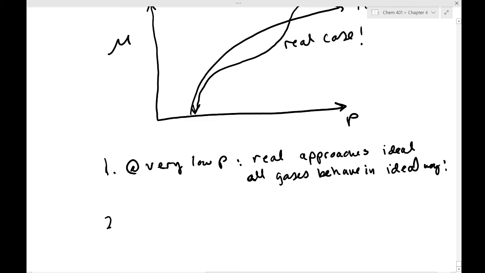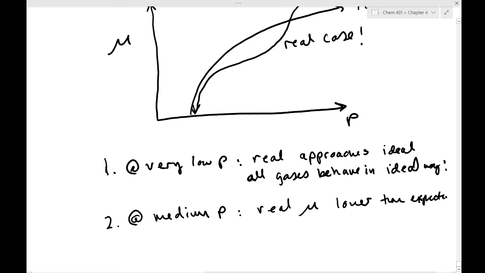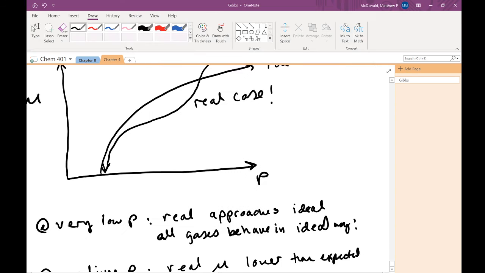The second case is at intermediate or medium pressures, so somewhere in the middle. The real chemical potential is lower than expected. That's this region here.